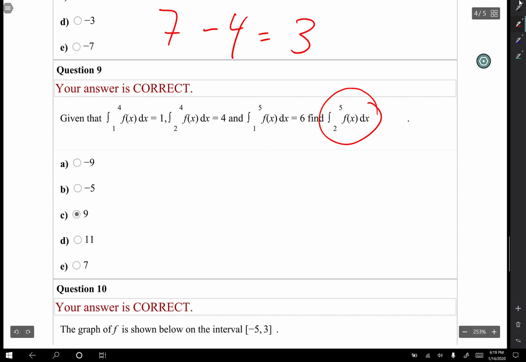I have the area from 1 to 5, which is 6, and I want the area from 2 to 5. So that means I want to delete the area from 1 to 2. So I'm going to use these two guys right here.